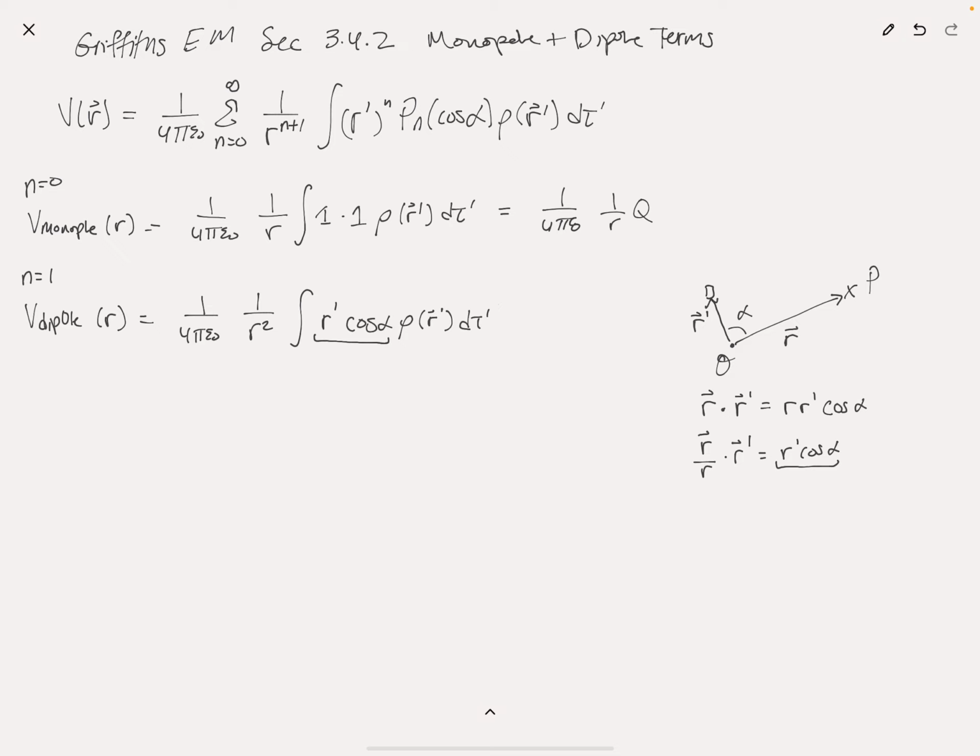But r vector over r magnitude is just r hat.